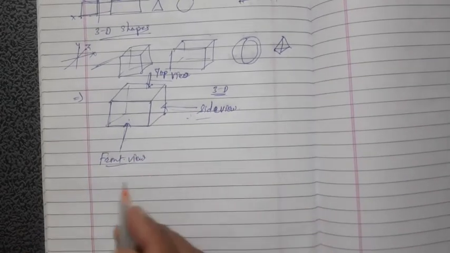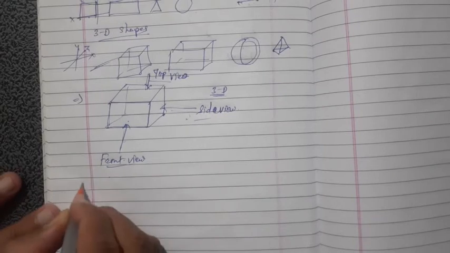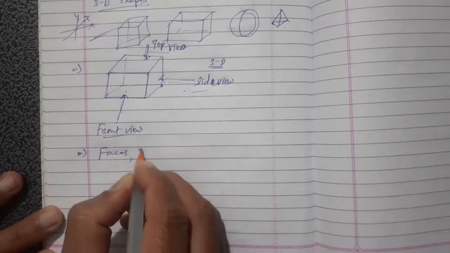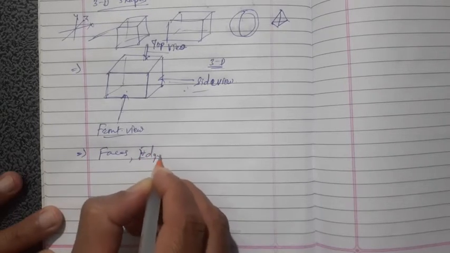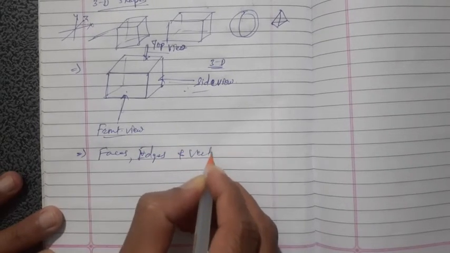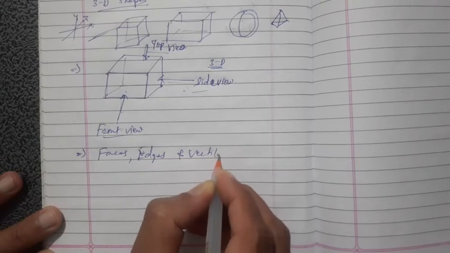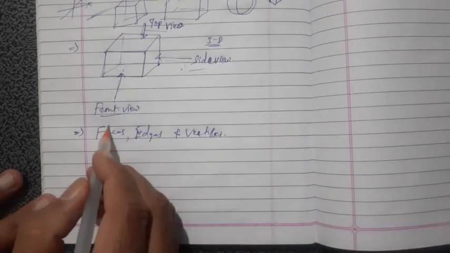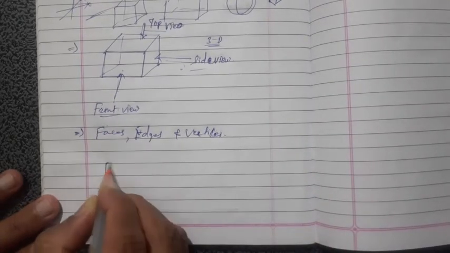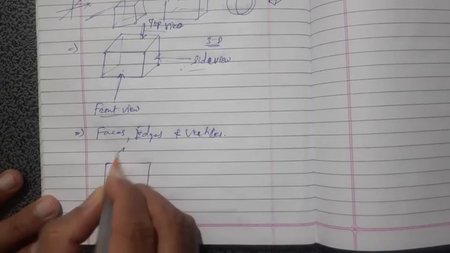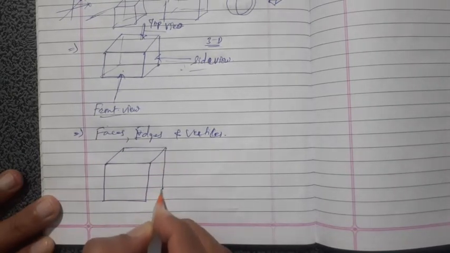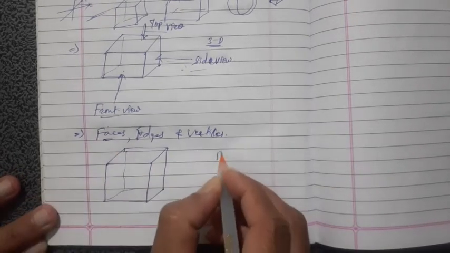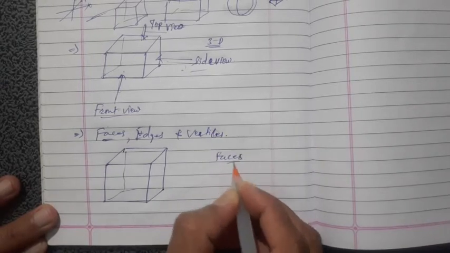Now in 3D shapes there are faces, edges and vertices. What are faces? Suppose there is one cube like that. Face means, in short, 2D shapes.